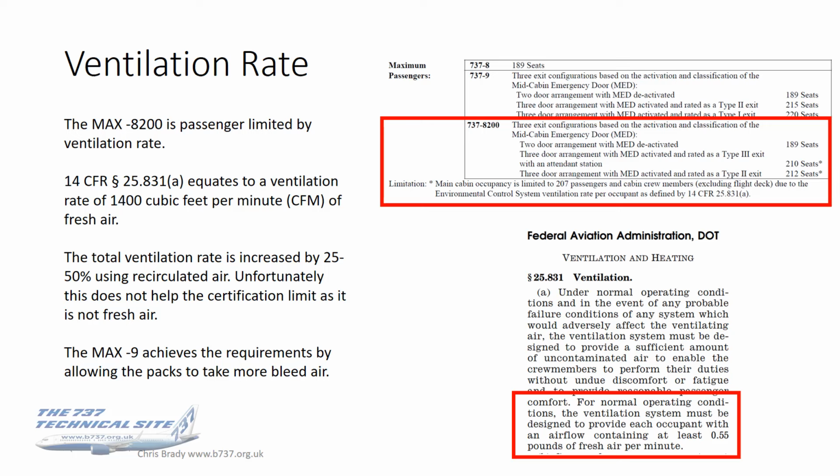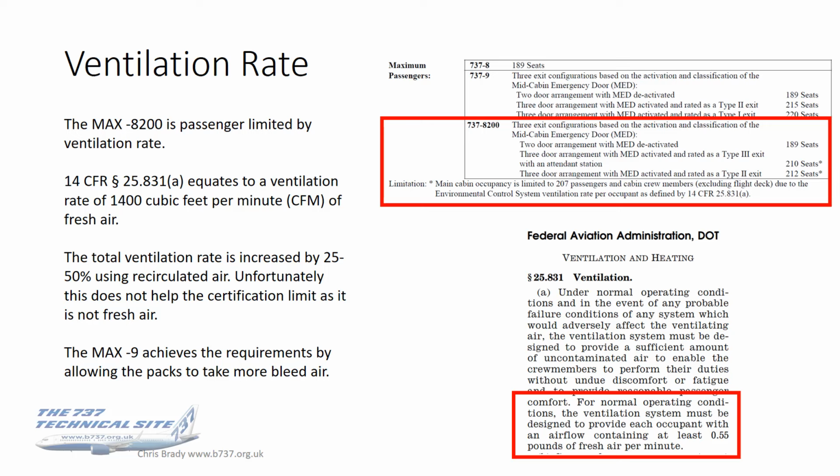Now, I'd imagine most of you would be surprised to see figures over 200, because the headline passenger figure for an 8200 is 200, hence the name. But I draw your attention to the asterisk after the 210 and the 212, and the limitation is main cabin occupancy is limited to 207 passengers and cabin crew members.